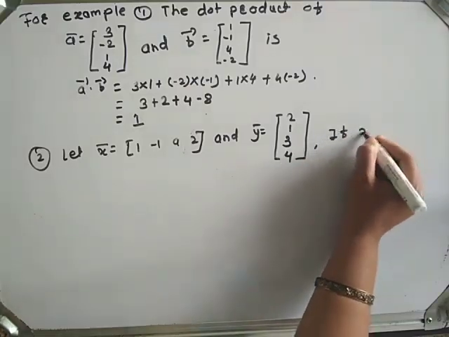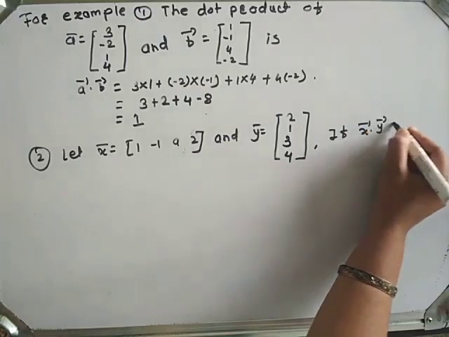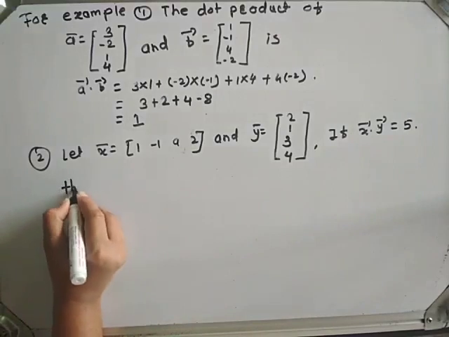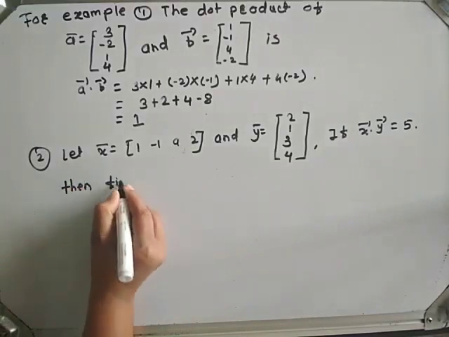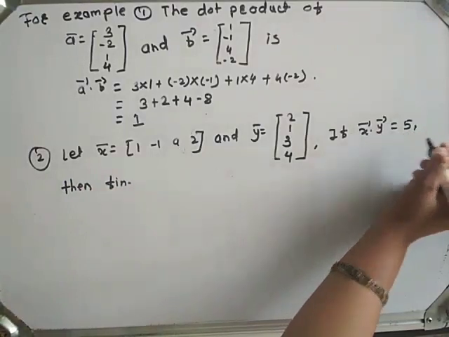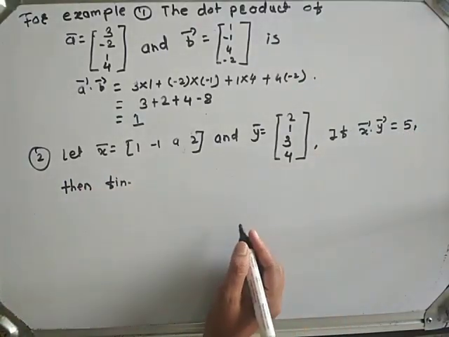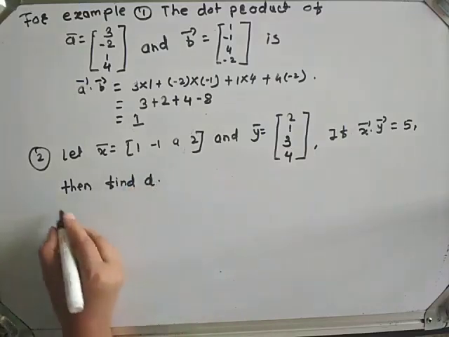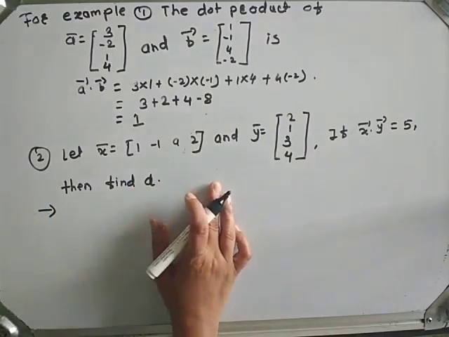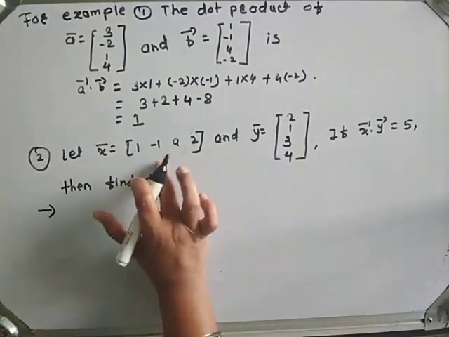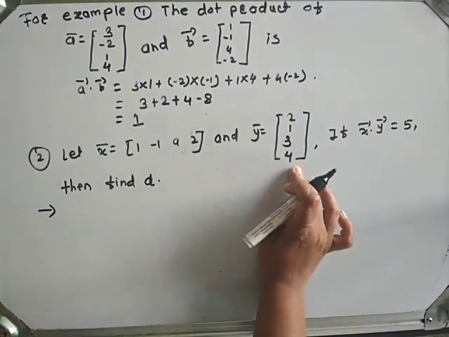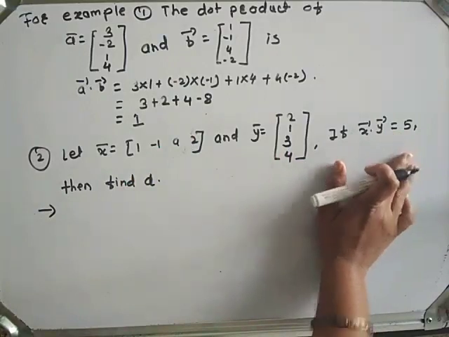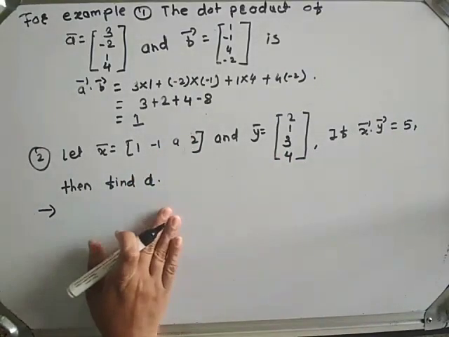If x bar dot y bar is equal to 5, then find a. Here x bar is this matrix and y bar is this matrix, and we are also given that x bar dot y bar is equal to 5. Then we have to find a.